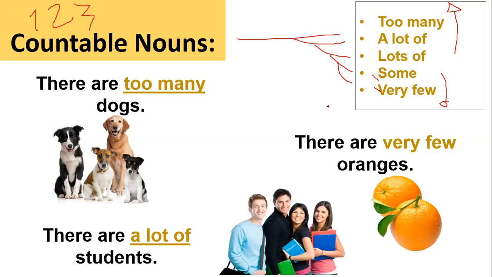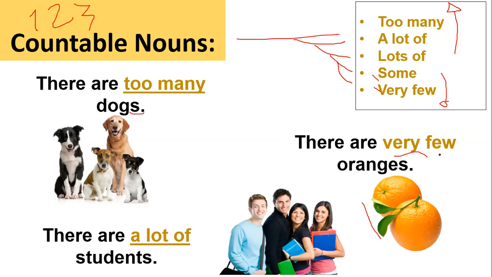But because I'm talking about plural. And in this case, I only have 2 oranges. The quantity, 2. Is it big or is it little? Little, right? The quantity is little because I only have 2. So I can say, I have very few oranges because the quantity is little.